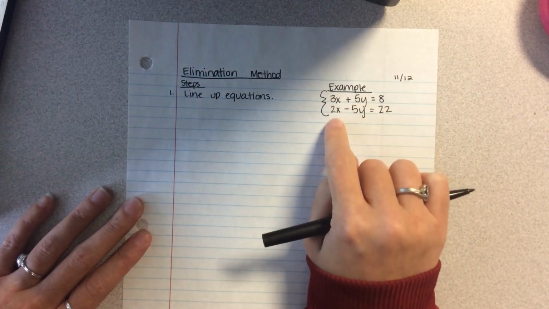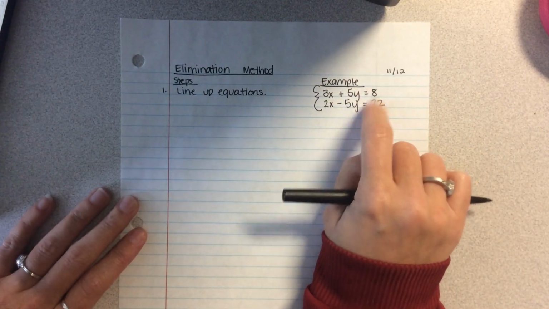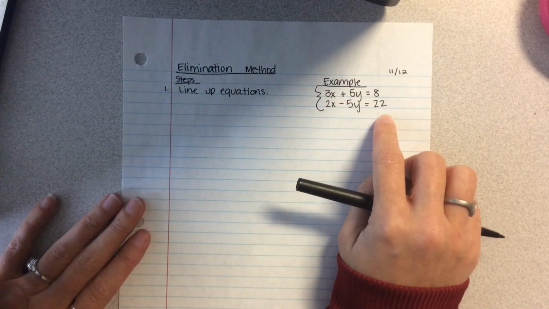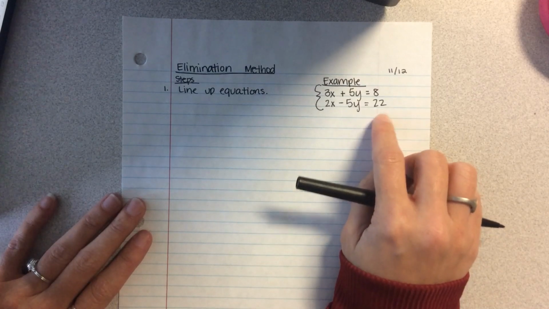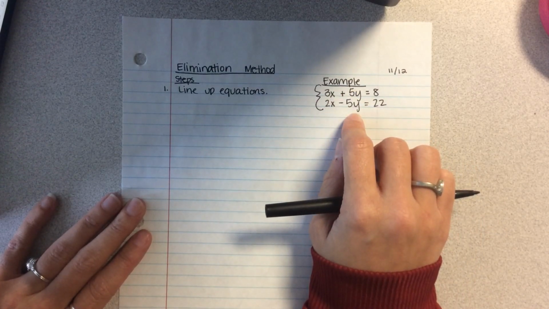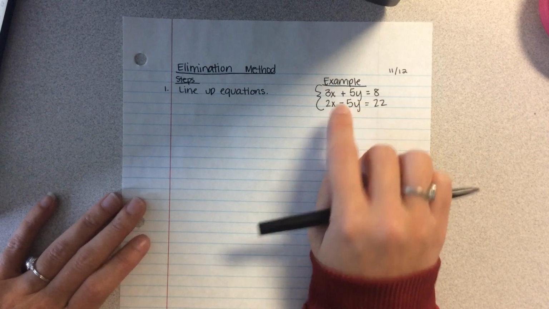You can see how the x terms are lined up, the y terms are lined up, and the equal signs are lined up, and then the numbers on the right. Everything is in the same order, and that's what we want to start with. Most of your problems are going to be set up like this already, and they have to be like this.